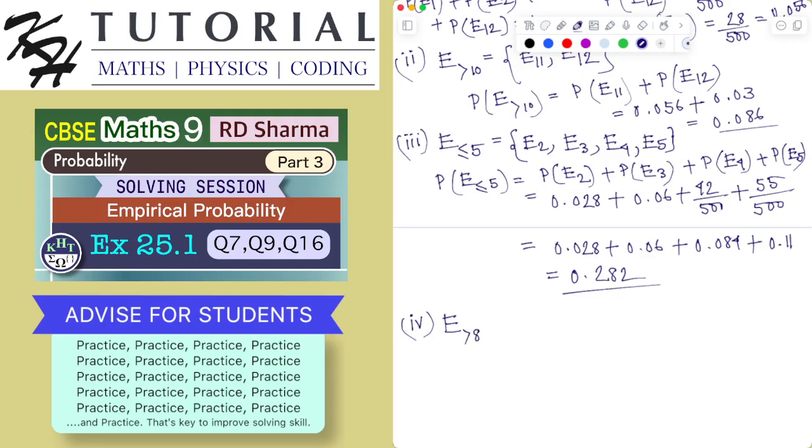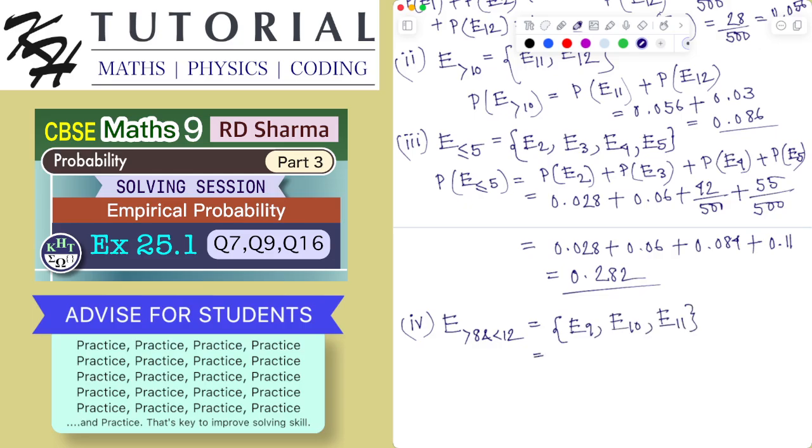This is also a compound event, and the collection of elementary events that will make this event will be: the sum can be 9, so E9, the sum can be 10, and the sum can be 11.